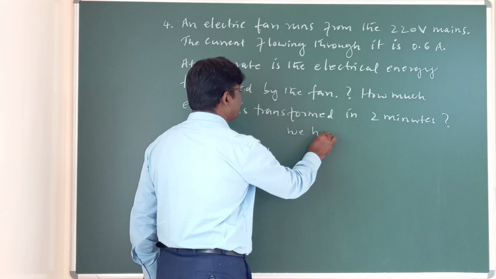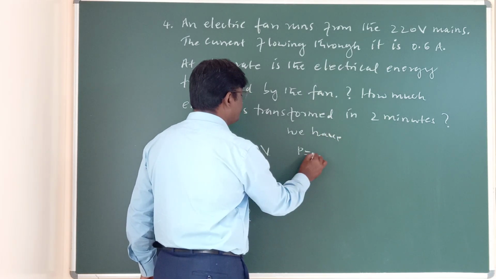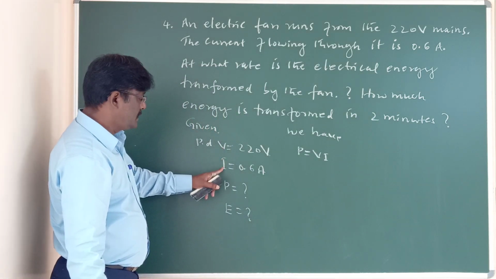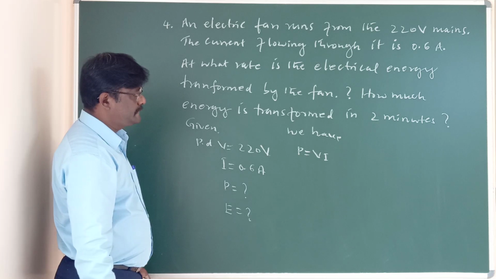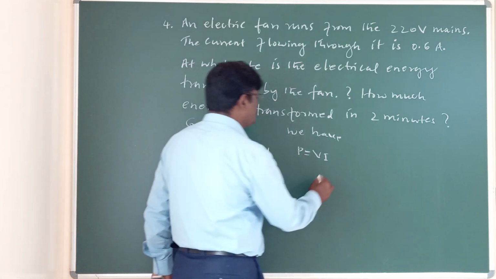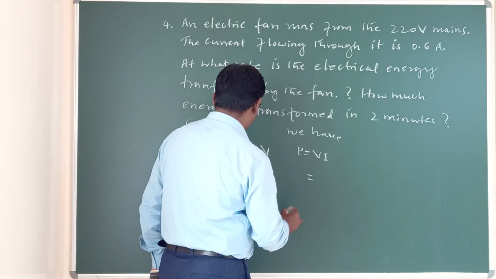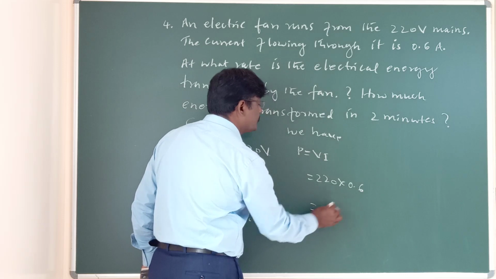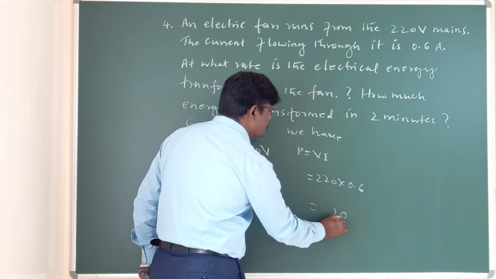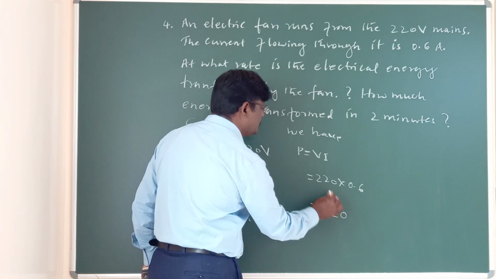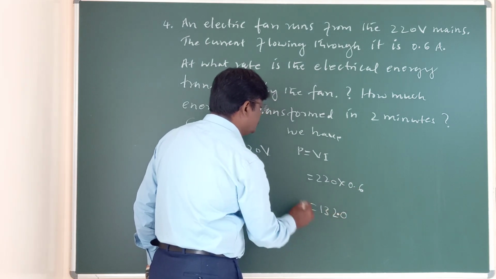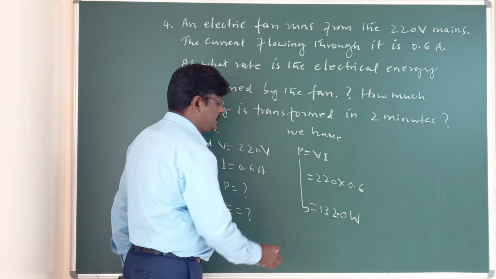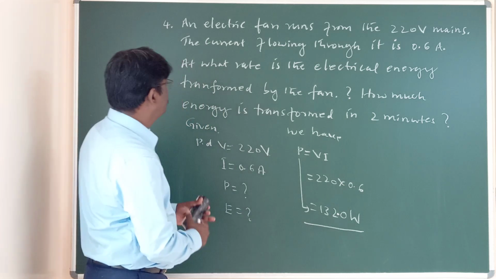We have P equal to VI, because we are given V and also I, and we need P. Substitute V 220 into 0.6. 6 into 0, 6 2s are 12, 6 2s are 12 plus 1, 13. After the decimal point 1 digit, so it is 132. What is the SI unit of power? Watt.